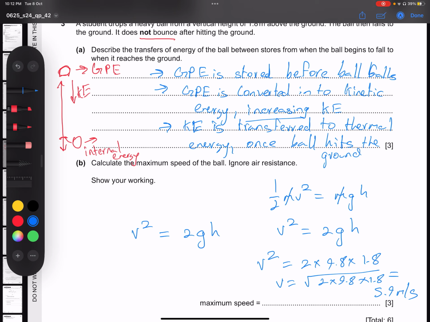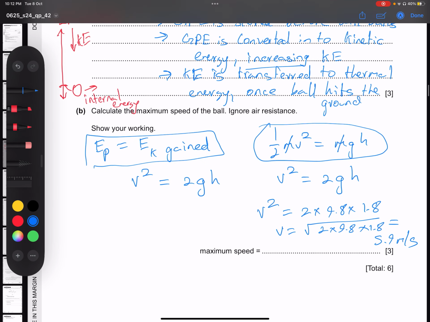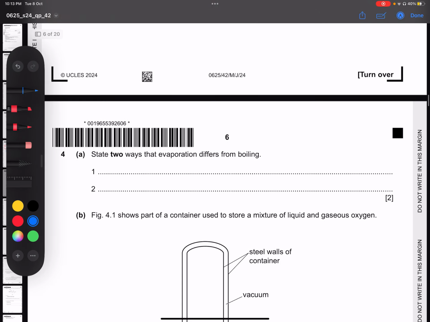And one more thing that you need to mention in this question is that the EP, or GPE, is equal to the EK gained, as in the kinetic energy gained. You can also show it via this equation here, but it is always better to mention it in the form of a statement to show your understanding to the examiner. 5.9 meter per second. Since it's speed, it's meter per second.